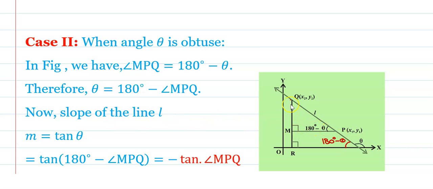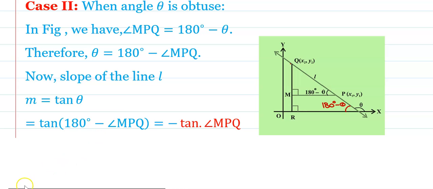Now we'll find the slope of the line. Tan of 180 minus theta equals QM upon PM. So m equals tan theta, which is tan of 180 minus MPQ.